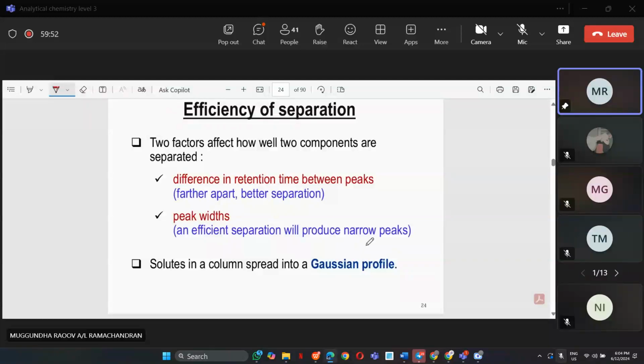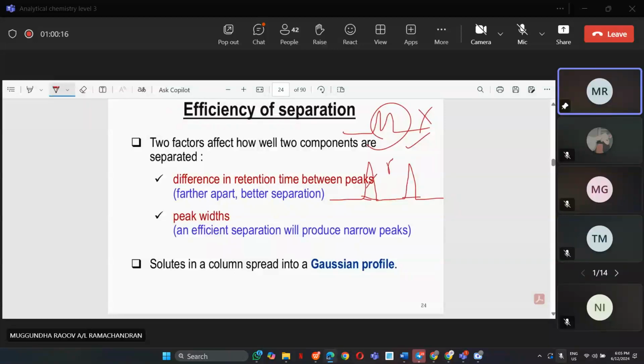When I'm separating, compound A is well resolved and compound B is well resolved, so this is a good separation. If I'm separating a compound and it's not even well separated, this is not a good separation.